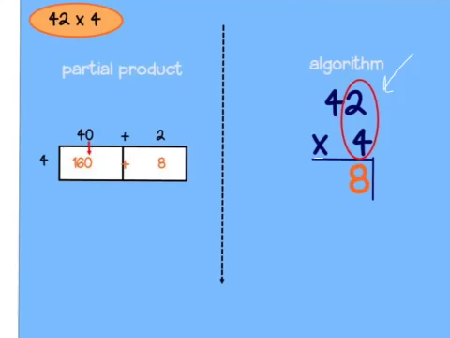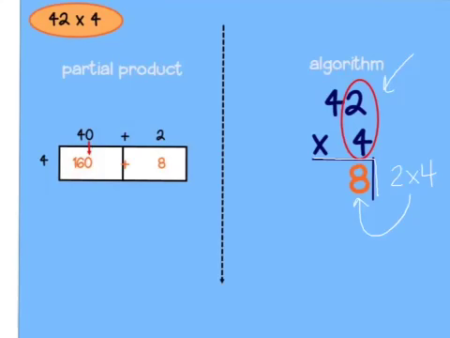I've taken this bar and I've dropped it down to make a line that comes down almost like a short 7 there. I've taken 2 times 4, the numbers that are in the ones column, and that gives me 8. I write the 8 right under the ones column to show that those were the numbers that I've multiplied.